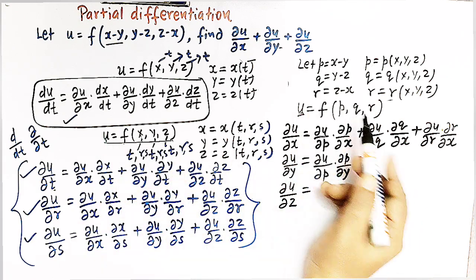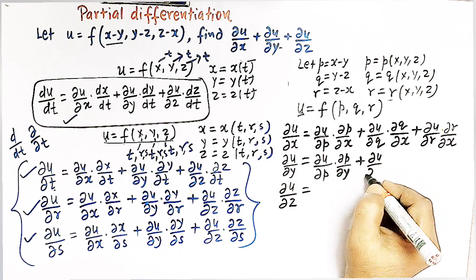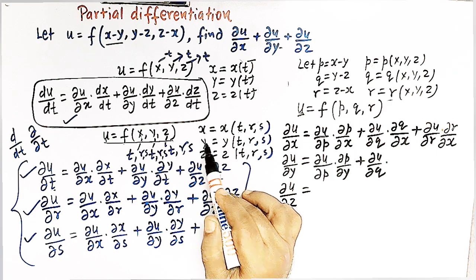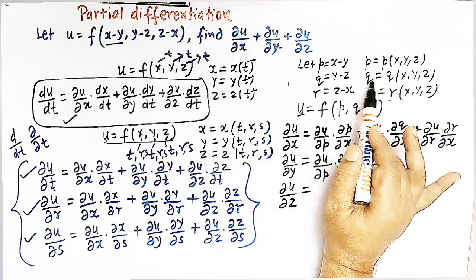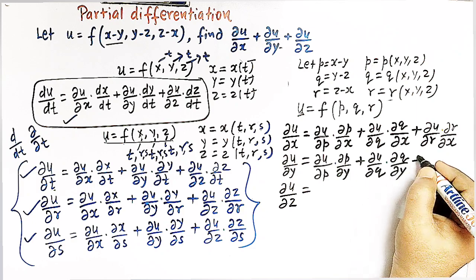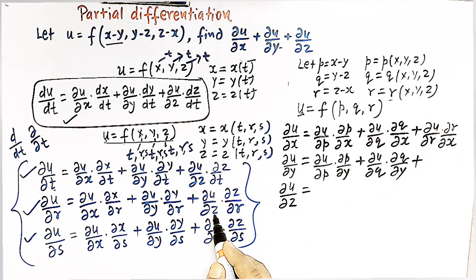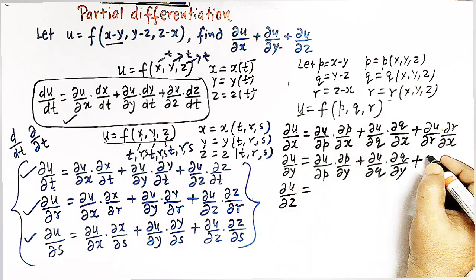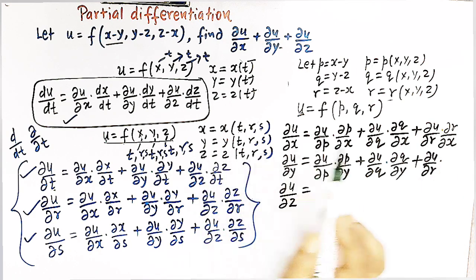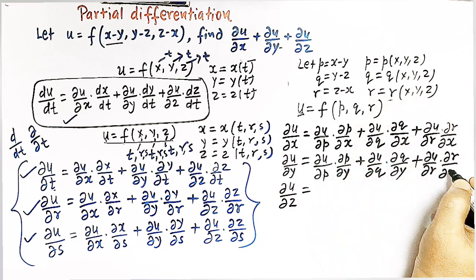Here we have u over q, and then we have here ∂y/∂r, that is y over r. So here we have q over y, and then we have ∂u/∂z, u over z. Here we have u over r, and then we have here ∂z/∂r, that is z over r. So here we have r over y. So here we have ∂r/∂y.